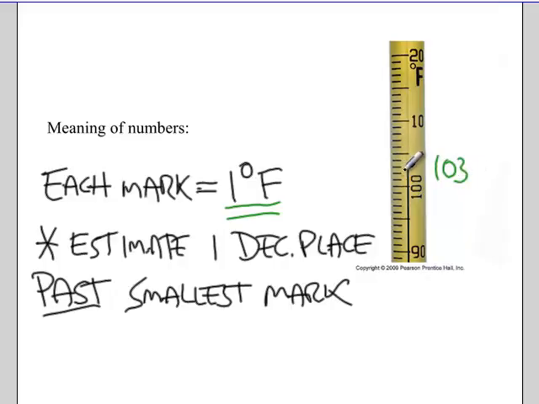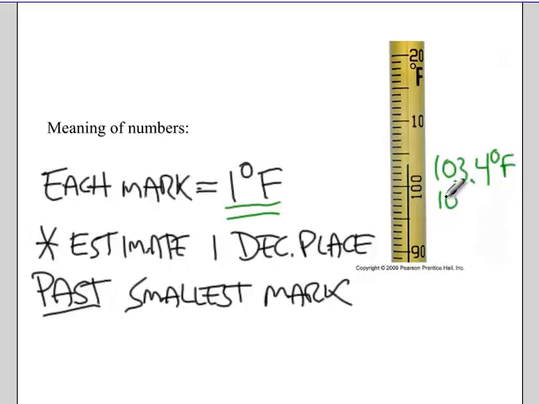If it was very close to 104, it might be something like 103.7 or 103.8. Each person is going to get a different estimate. So if I'm looking at this, I would say it's not quite halfway between, so maybe it's 103.4 degrees Fahrenheit.